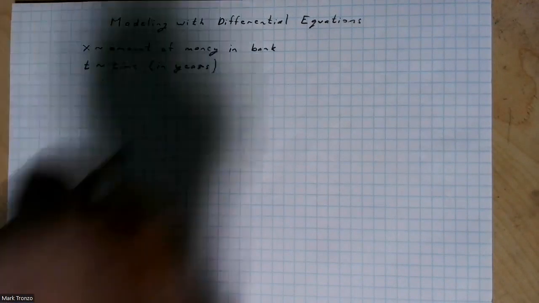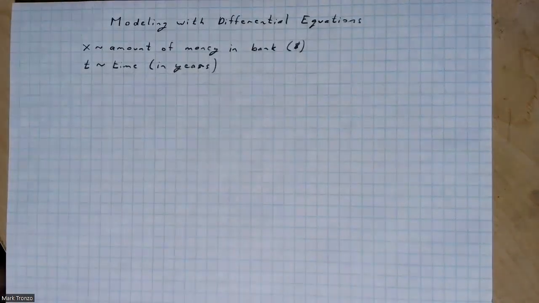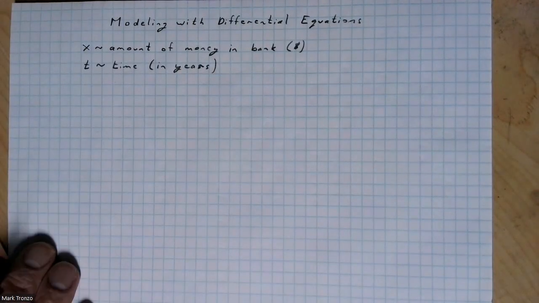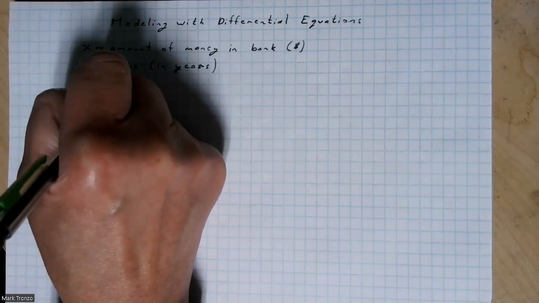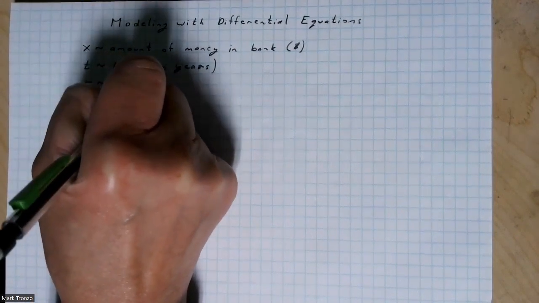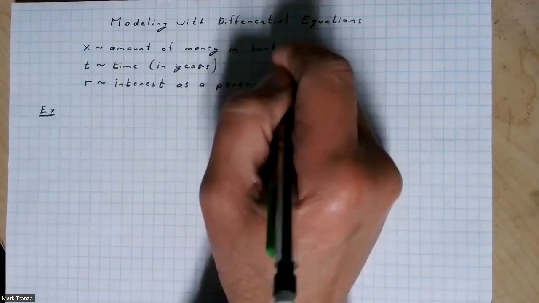And let's say the money in the bank, of course, would be in dollars. And let's say R is the interest as a percent. Instead of percent, let's make that a decimal.